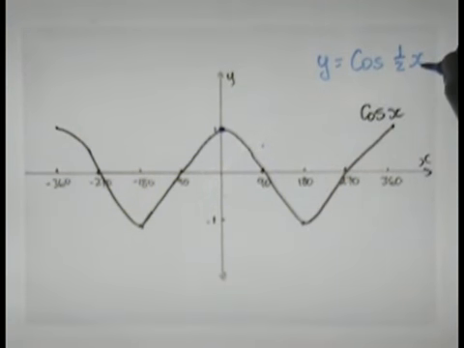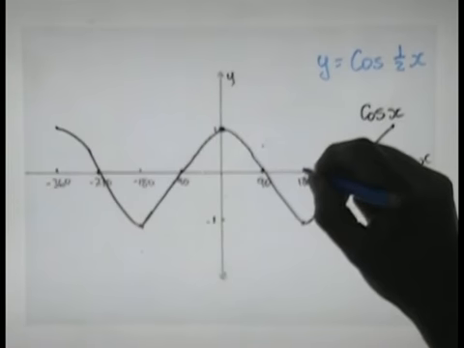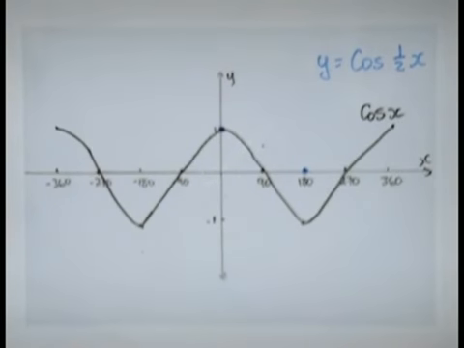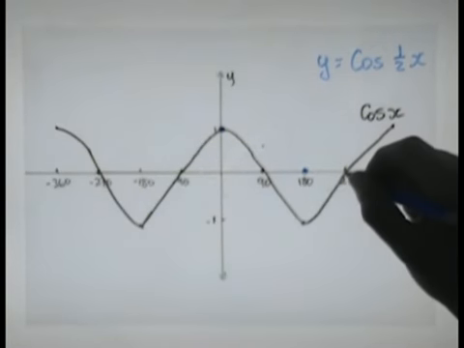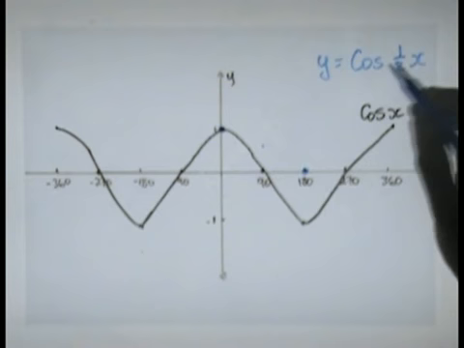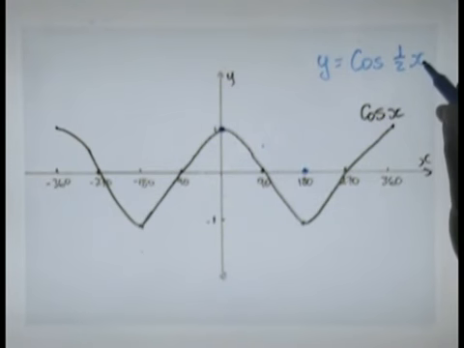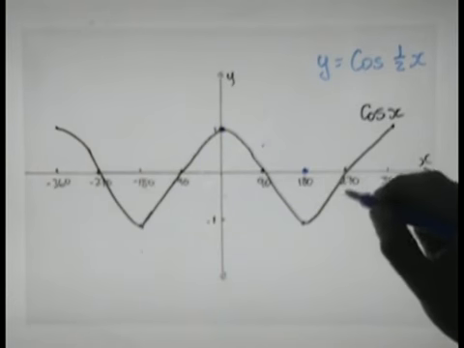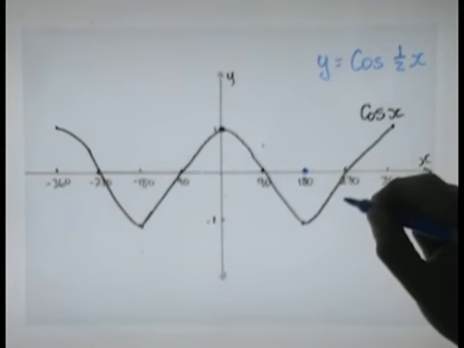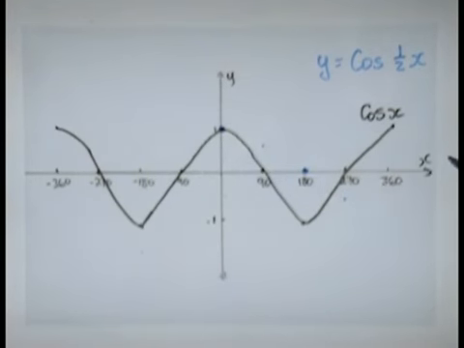When x is equal to 180 degrees, it's going to be cos of a half of 180, or cos of 90, which is 0. Sorry, when x is 270, it's going to be cos of a half of 270, which is cos of 135 degrees, which means that point is going to fall somewhere over there.